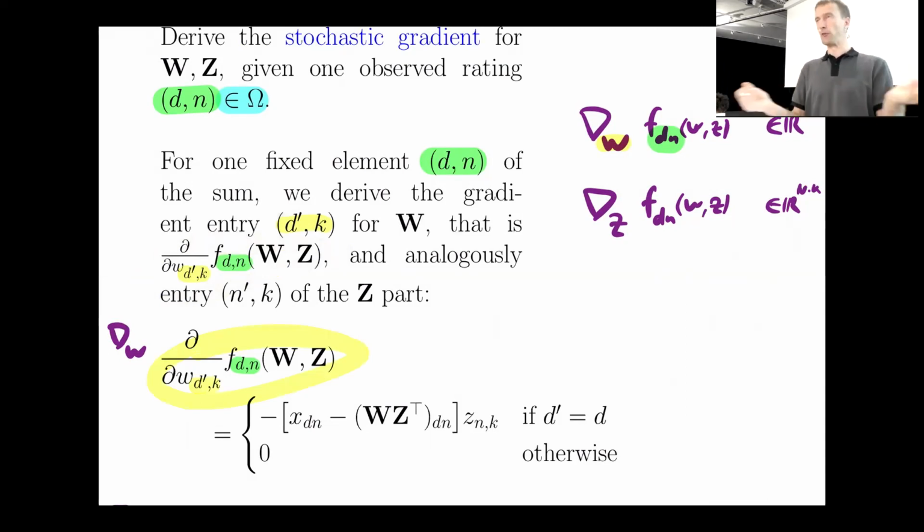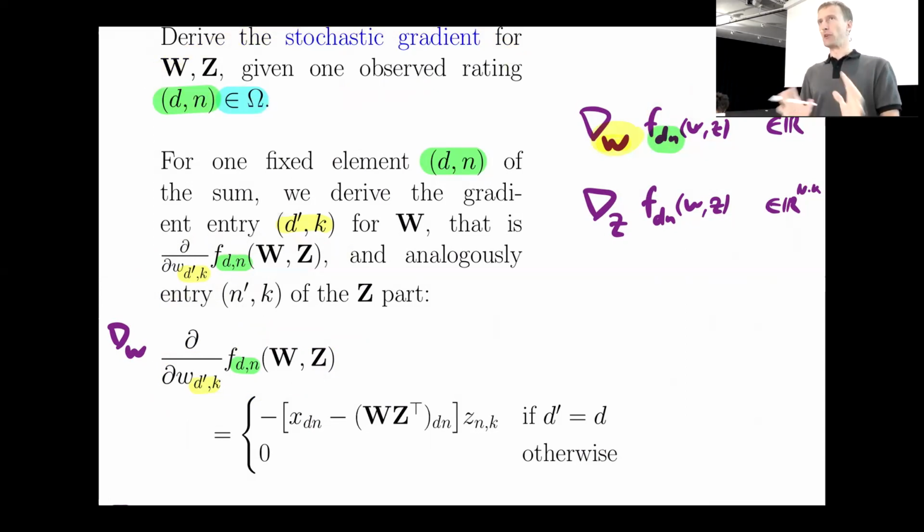So now it's very simplified, right? The loss function, which of course is a number, the gradient entry we're asking about, which is D prime K, and then of this green loss function of one sampled observation. All right, does this make sense?